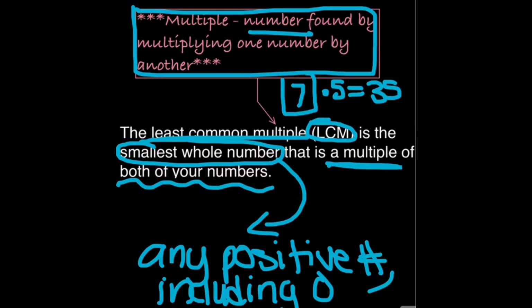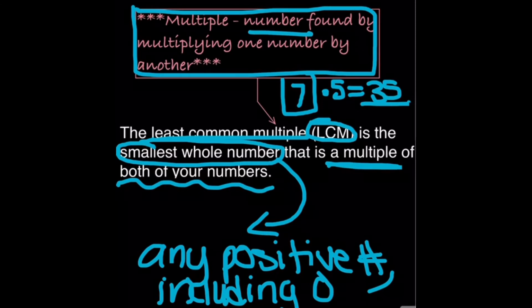So 35 is a multiple of 7. A question I ask you: is 24 a multiple of 5? That would be wrong, right? Because no matter what whole number you multiply by 5, you're never going to get 24.